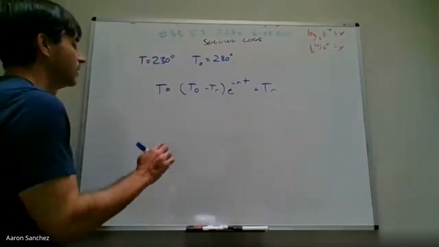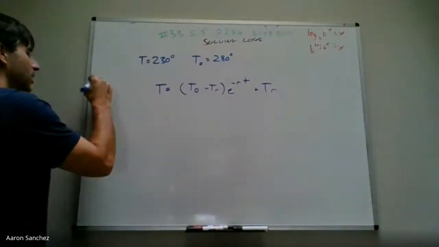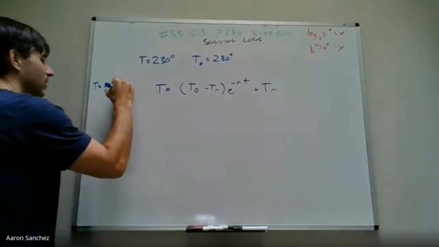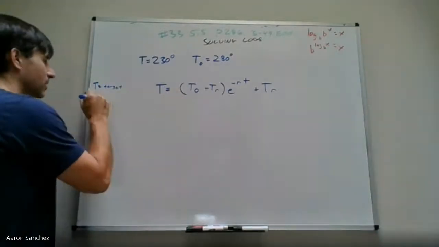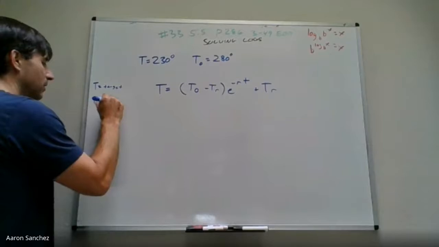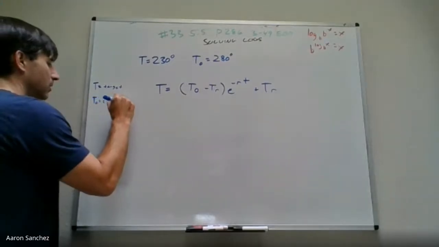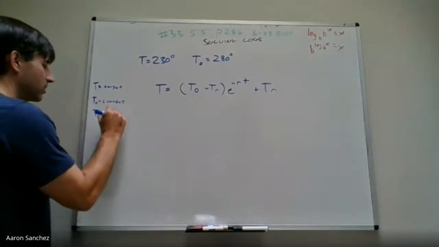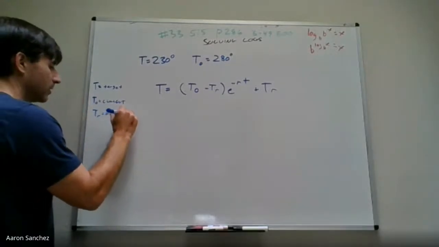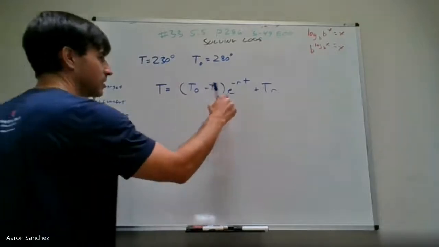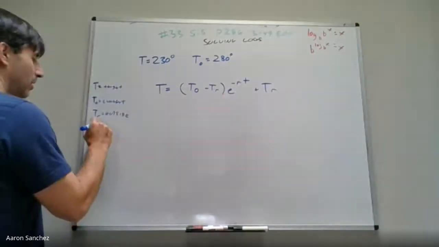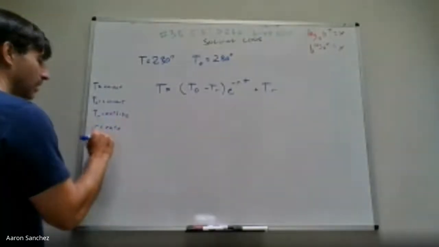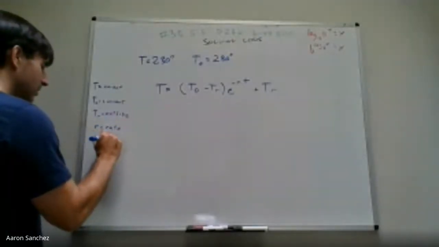Okay, so this is going to be our target temperature. It's like our target. This is our current temperature. T of 0 is our current temperature. T of R is our outside temperature. So T of R is here twice. And the r is the rate of the temperature change. And the little t is the time.